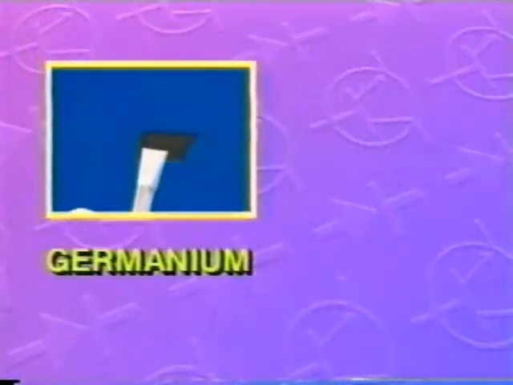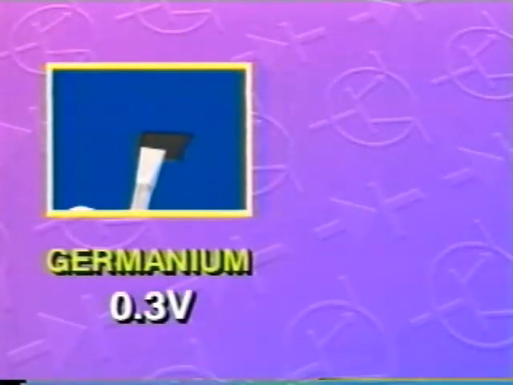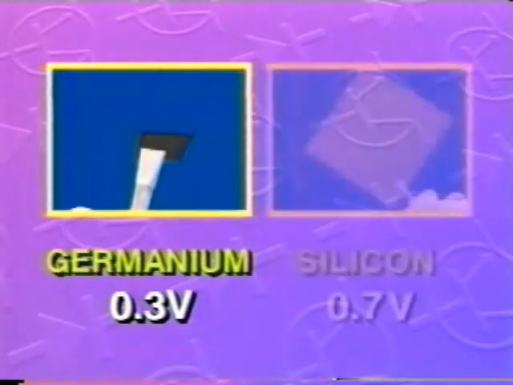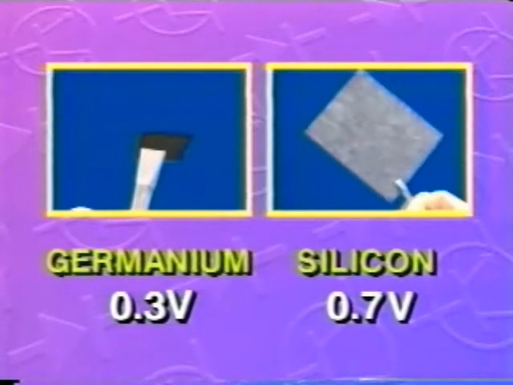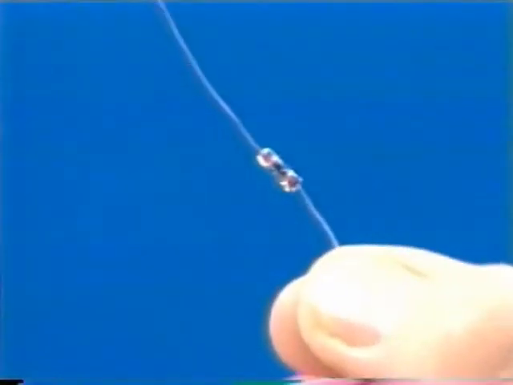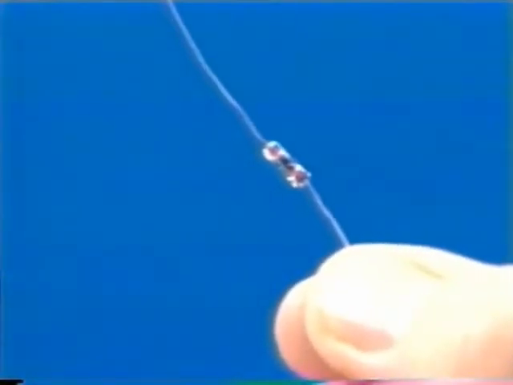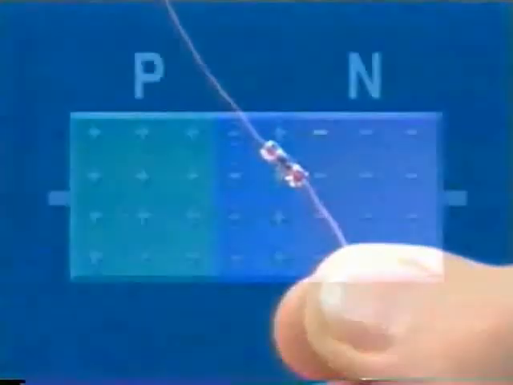At room temperature, this barrier potential is approximately 3/10 of a volt for germanium diodes and 7/10 of a volt for silicon diodes. Although these voltages are small, their presence establishes the unique operating characteristics of the diode.